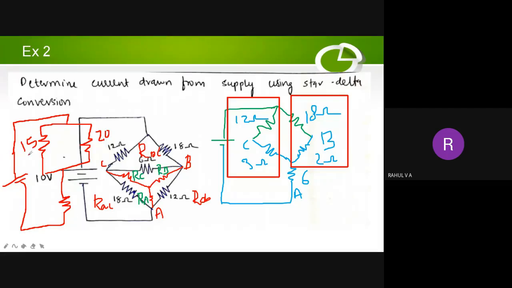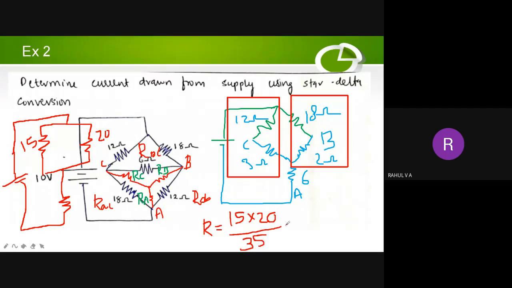Okay, now 15 ohm and 20 ohm are in parallel. So what I have to do is, I can directly write R is 15 into 20 divided by 15 plus 20, that is 35.